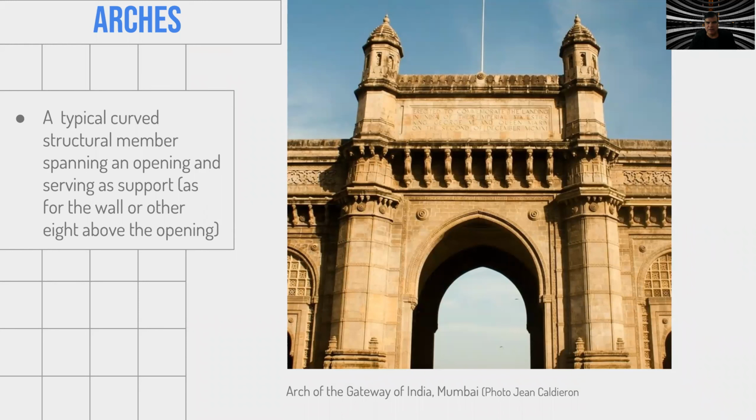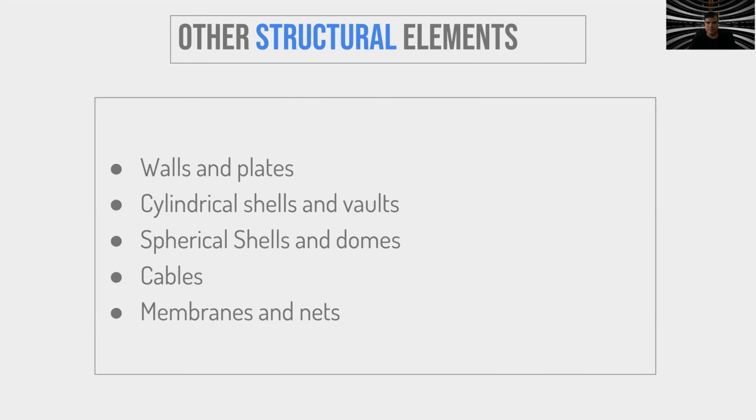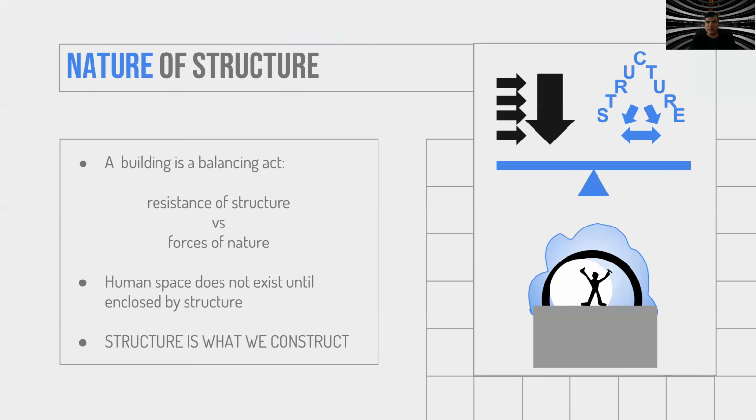Arches are typical curved structural elements and have been used since a long time ago. There are other structural elements like walls and plates, cylindrical shells and vaults, shells, domes, cables, membranes, nets, etc. All these structural elements are part of the nature of a structure. The nature of a structure is a balancing act.